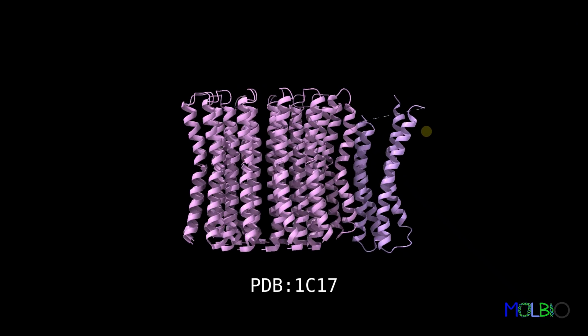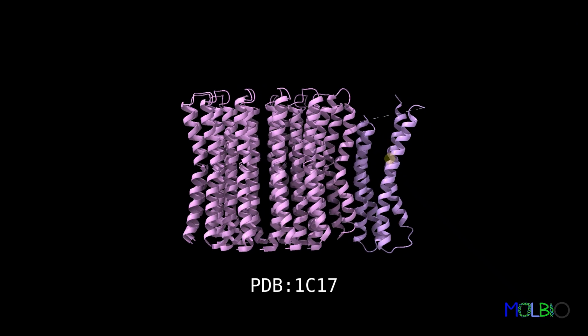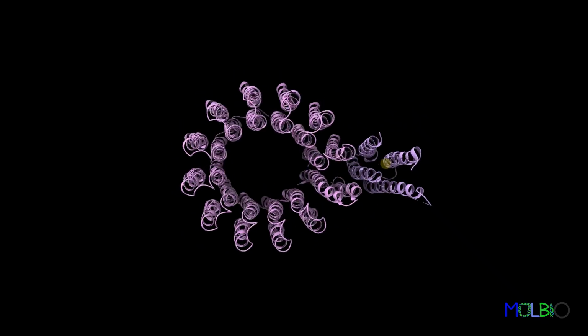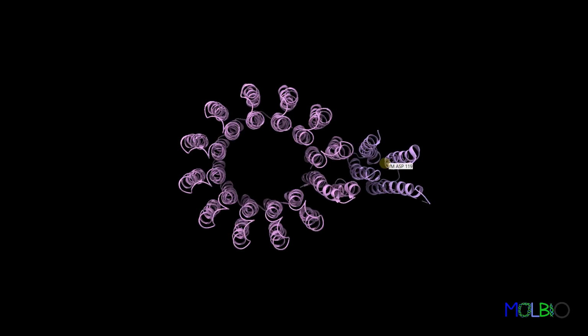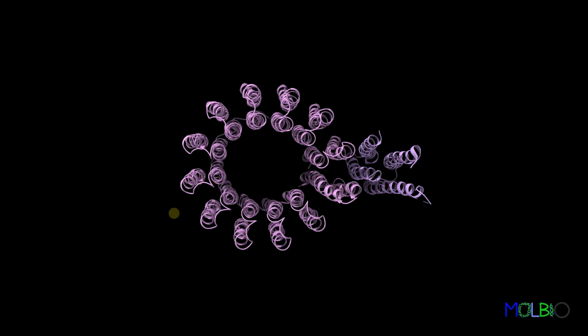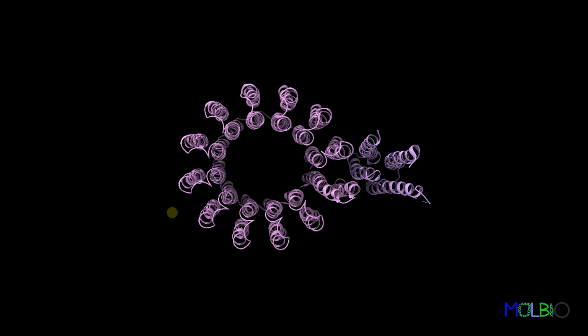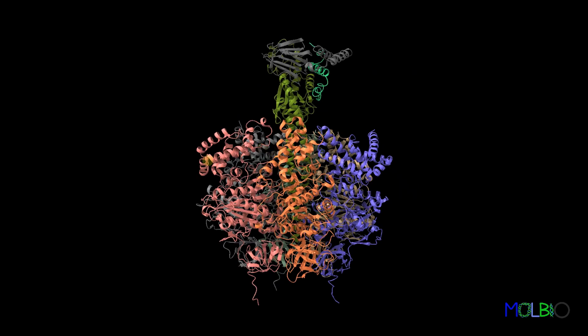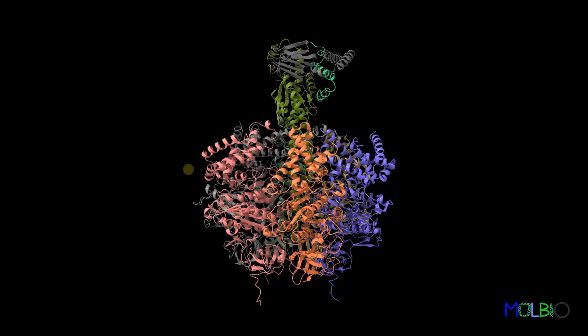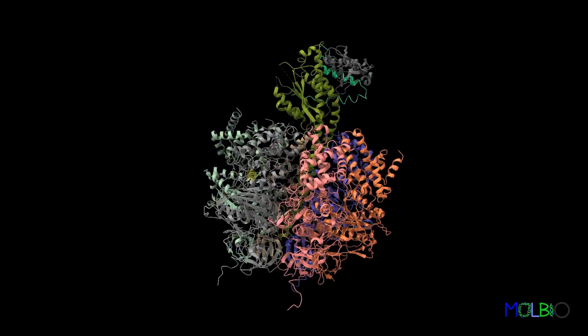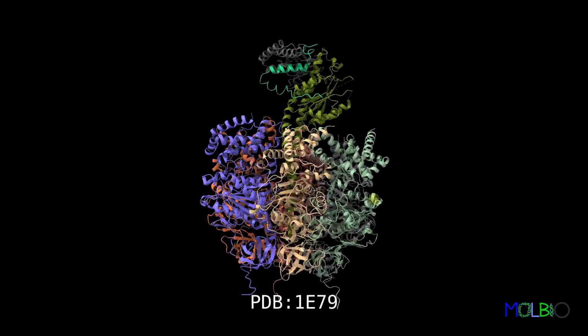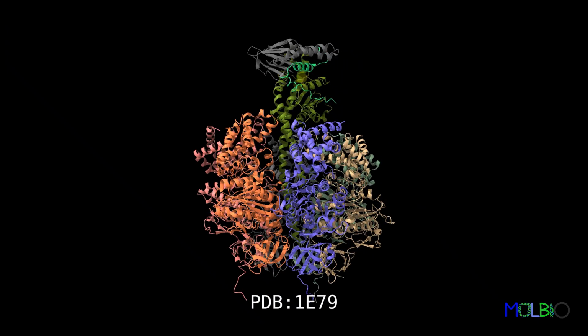Now from a side view, you can see all of them are alpha helical structures, because of which they are easily embedded into the membrane. And the A subunit is on the side, which connects to the B shaft, and then the C subunit is forming a ring-like structure with a pore inside, which allows both the proton ion to pass, and also the gamma subunit to enter. And here is the F1 subunit along with all its components.